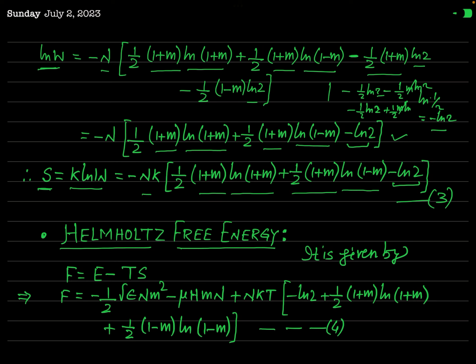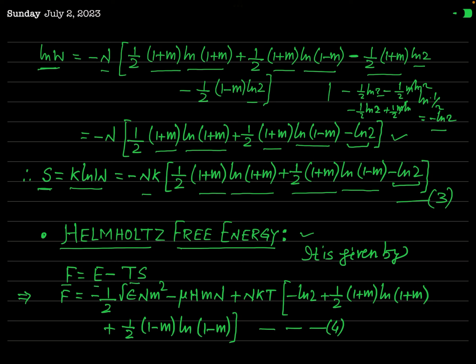But our final aim is what? Our final aim is to find the Helmholtz free energy. So now apply the definition of the Helmholtz free energy. You know, Helmholtz free energy is in general denoted by the symbol F, and it is a thermodynamical potential defined by E minus TS.